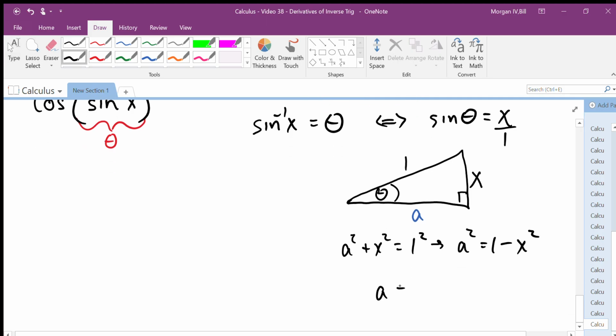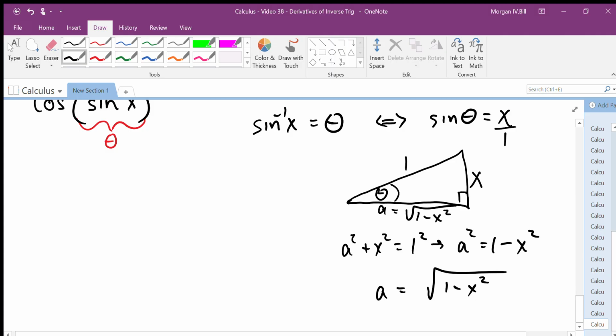Therefore, a is equal to plus or minus the square root of 1 minus x squared. But this is just a distance. This is just some triangle I have out here. And so I'm going to use the positive here instead of plus or minus and just say a is equal to the square root of 1 minus x squared by the Pythagorean theorem. Okay, so I'm going to replace the a here. A is equal to the square root of 1 minus x squared.